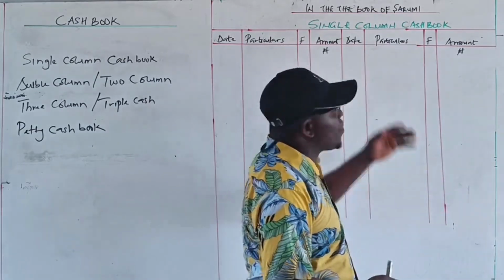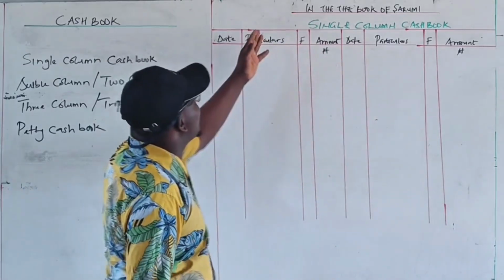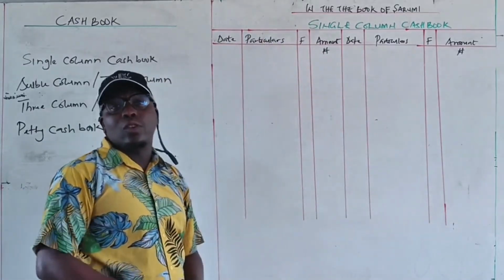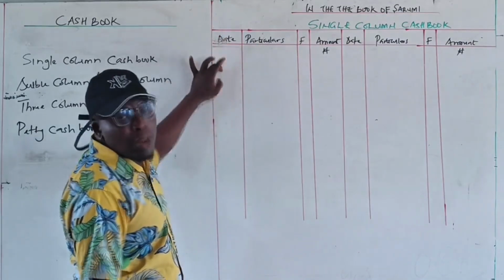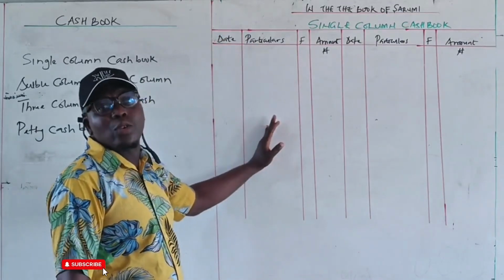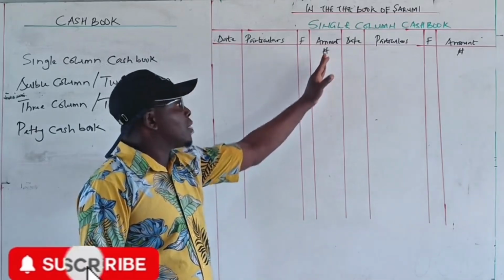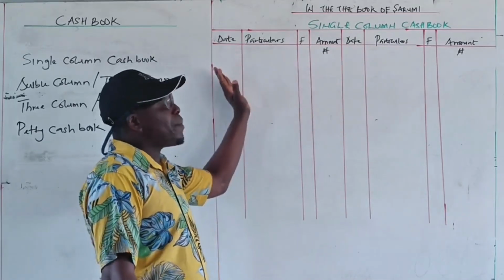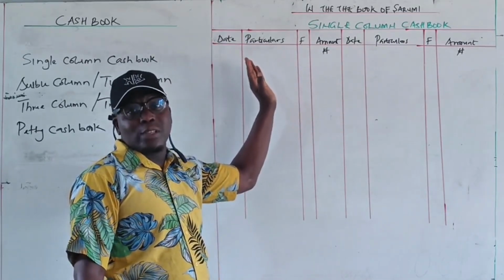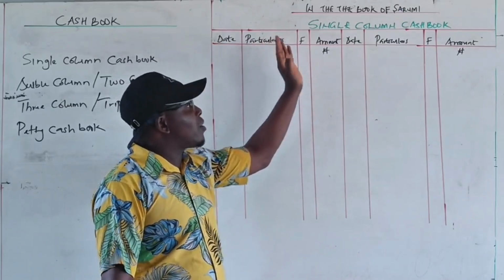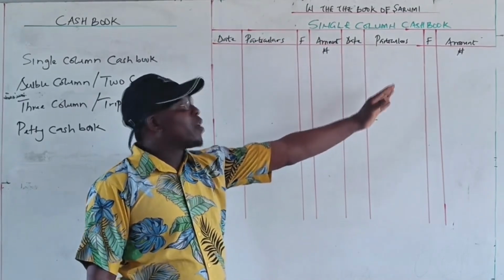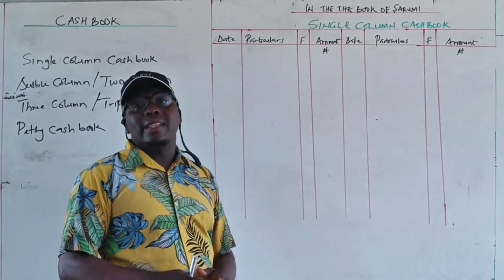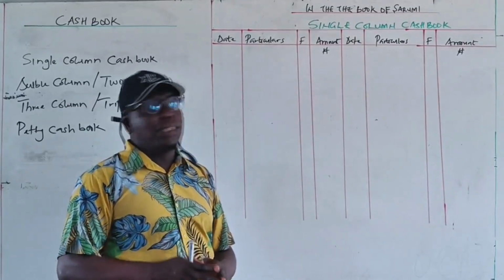Looking at the single column cash book, we have its format. The specimen has columns for date, particulars, folio, and amount on the debit side, which is the inflow side, while the credit side also has columns for date, particulars, folio, and amount, which is the outflow side.